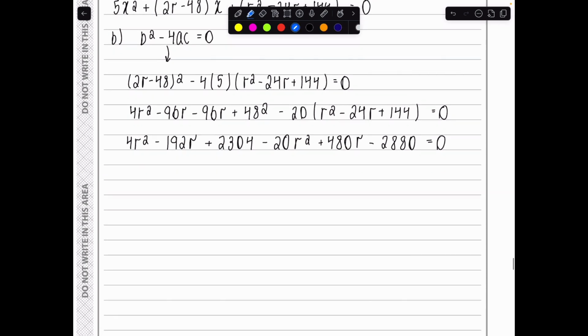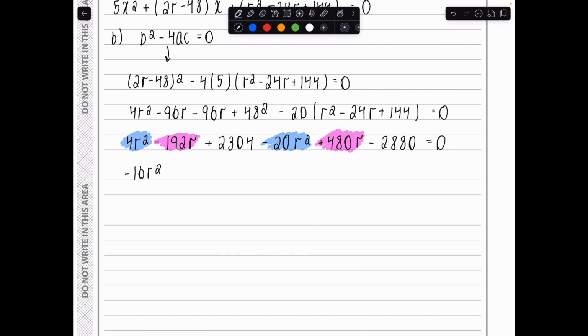So from here, we have a 4r squared term, we have a minus 20r squared term. So if we combine those together, what do we get? We get minus 16r squared. Now let's have a look at our r terms. So for our r terms, we have a minus 192r, and we have a positive 480r. So minus 192 plus 480, what do we get?